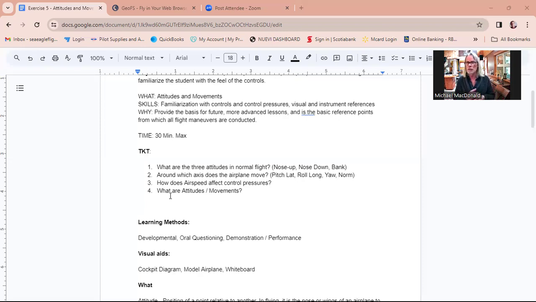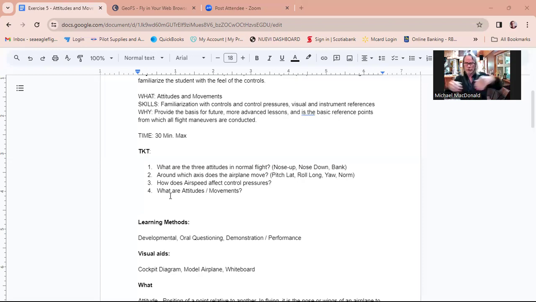The pitching of the nose is done with forward and reverse control pressure on the control column. The banking movement is created by turning the wheel, deflecting the ailerons, and banking the airplane. The yawing is done with the pedals. There are three axes that the airplane works around.